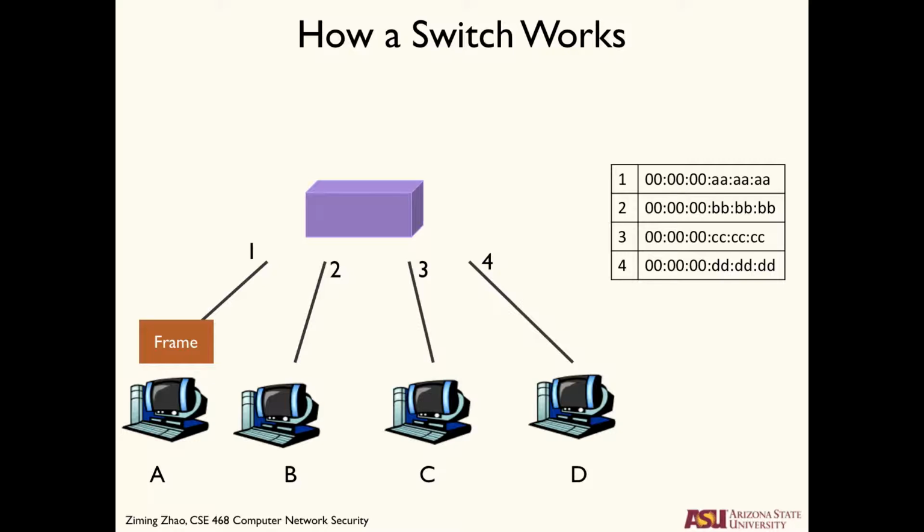This is what a switch table looks like. This is a switch. There are 4 ports, and for each port, the switch table remembers which MAC address, such as the MAC address of host A and the MAC address of host B, is connected to that physical port.